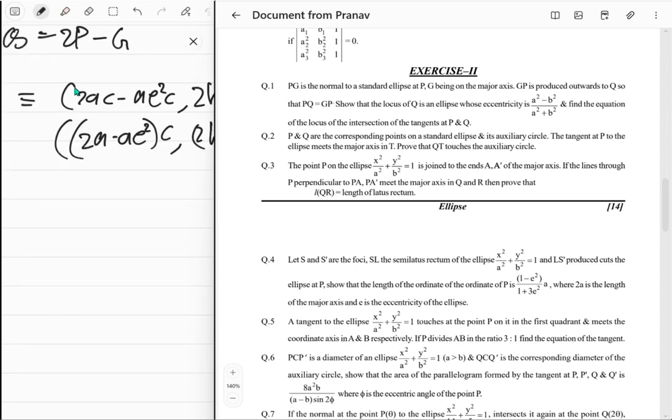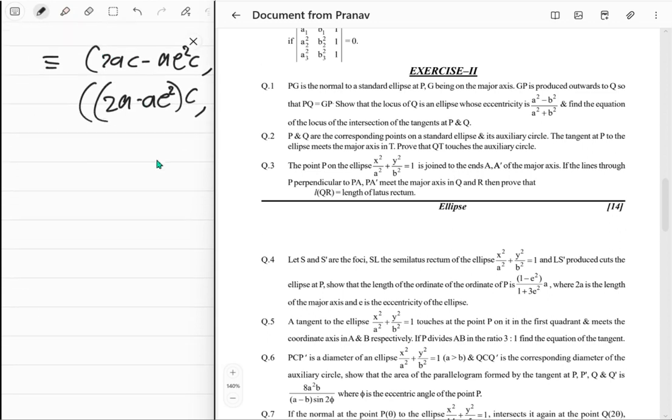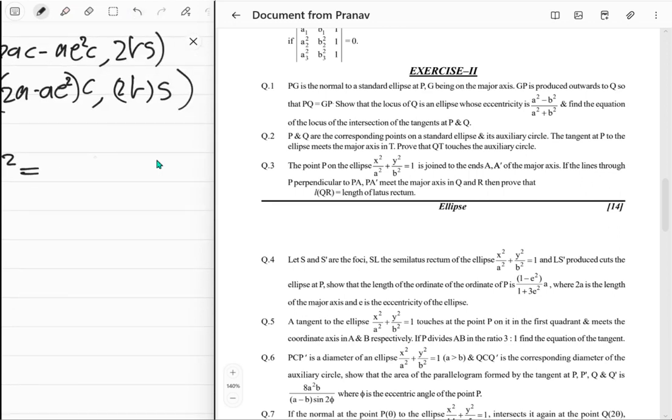So yes, it's an ellipse, and for the eccentricity, 1 minus e squared, call this capital E squared, is going to be equal to the square of the ratio.